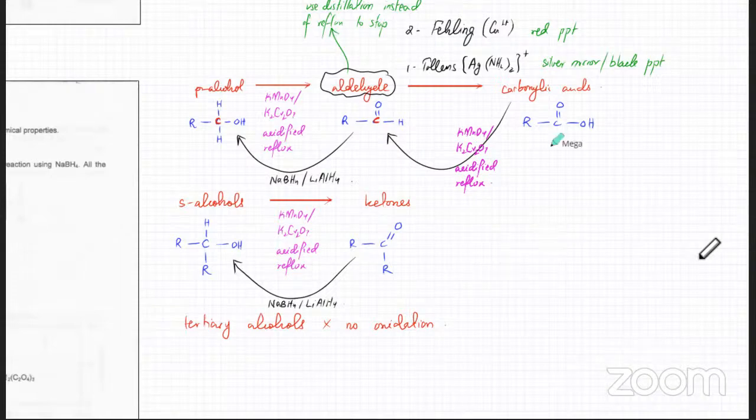So if you want to reduce them, only LiAlH4 would work, not NaBH4, because that's a slightly weaker reducing agent. So that is reduction.